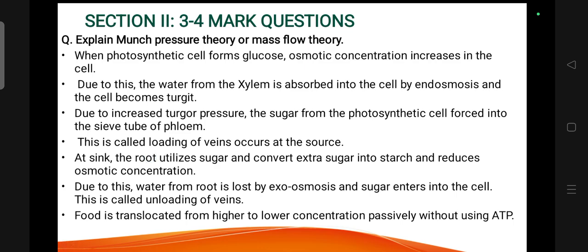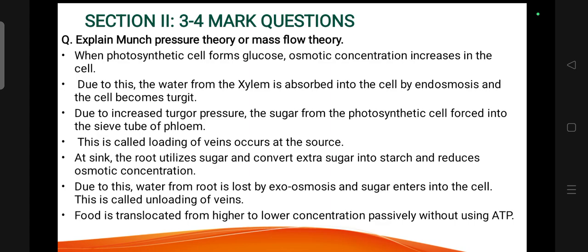Explain Munch pressure theory or mass flow theory. When photosynthetic cell forms glucose, the osmotic concentration increases in the cell. Due to this, the water from xylem is absorbed into the cell by endosmosis and the cell becomes turgid. Due to increased sugar pressure, the sugar from photosynthetic cell is forced into the sieve tube of phloem.